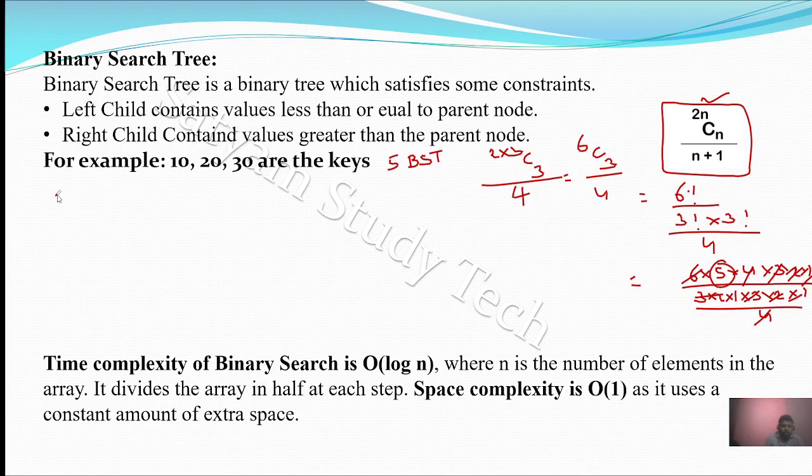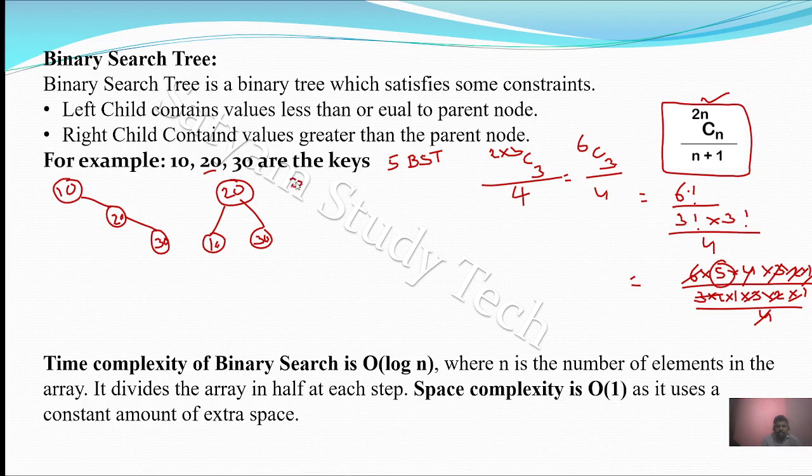So what are those trees? Here is 10, then 20 is greater than the root node so it goes here, and 30 here. This is one tree. Another one: I consider 20 as the root node, with 10 on one side and 30 on the other.